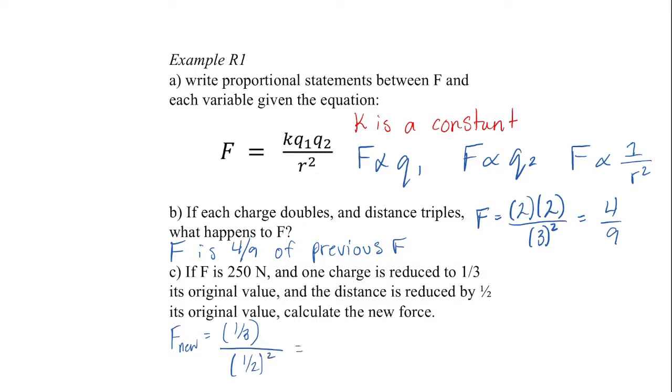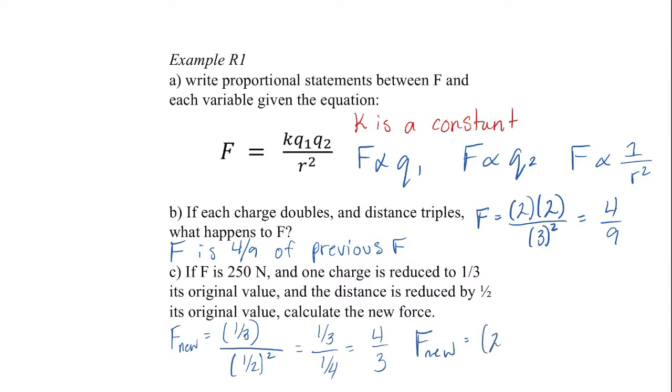Okay, so what does that equal? Well, that's 1/3 over 1/4, and who would ever write a fraction with two fractions in it? That's insane. So that actually ends up being 4/3. So all that's telling us is that the new force is 4/3 as much as the previous one. So what do I need to do?